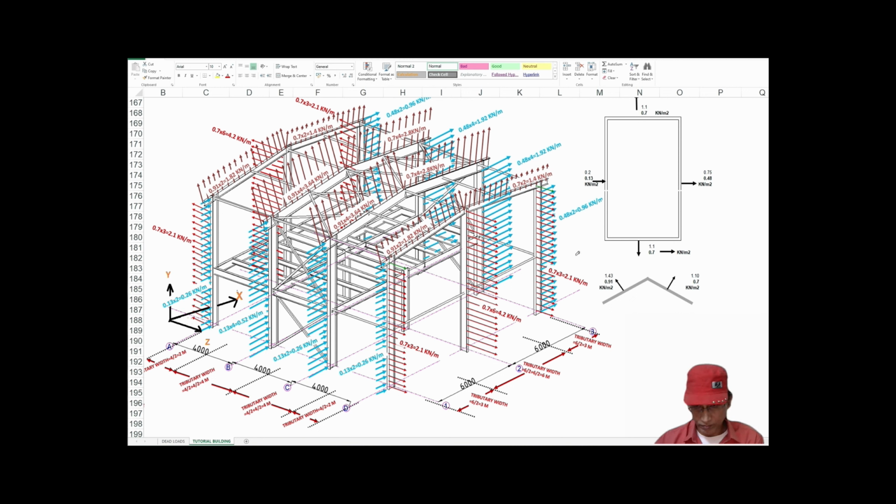In this way we can calculate for all the 8 cases that constitute the wind loading. Wind 0, positive interior pressure.